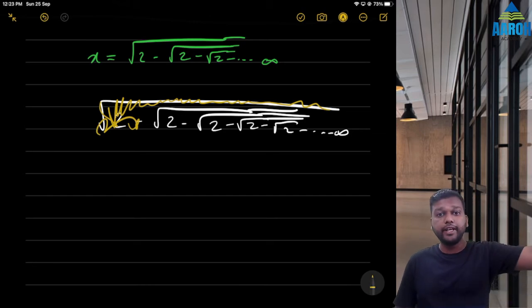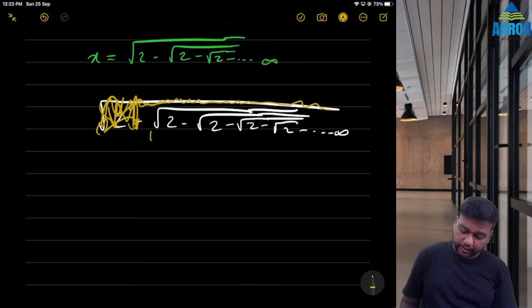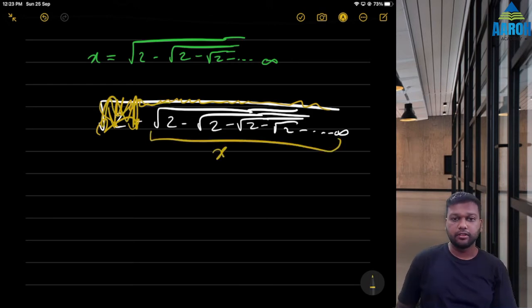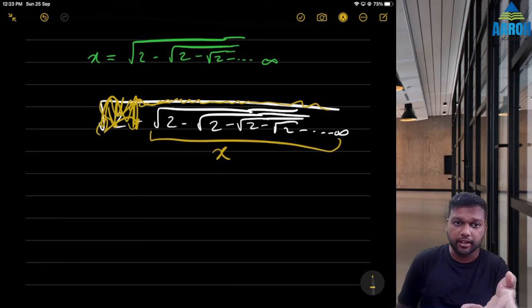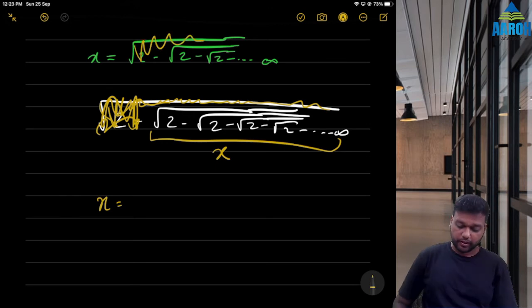So if you remove this outside square root, this is still going to be x, because it does not matter if there are infinite terms. That means x is equal to, if you remove the outside term, this inside part is still x, right?